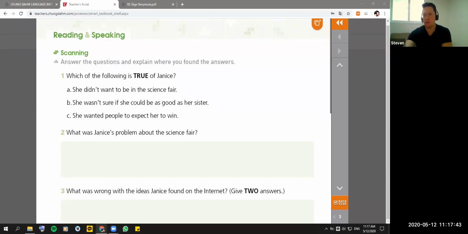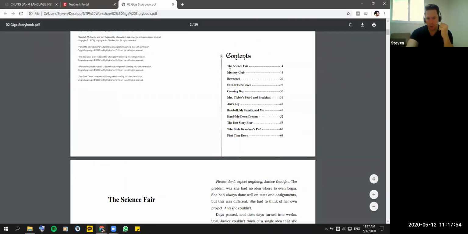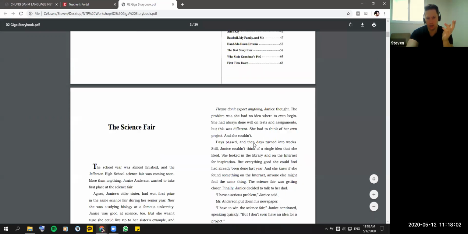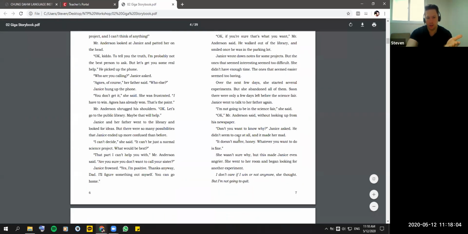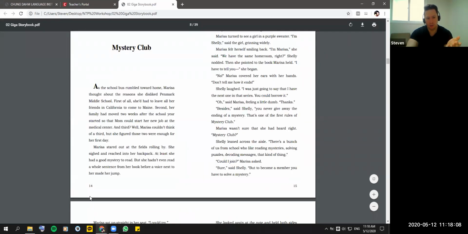Anybody else have any additional questions? Is it one story the whole term? In this book, you can see every week is a new story. Science Fair, Mystery Club, Bewitched, you'll cover a new one every term. So here is week 1, which ends on page 13, and then the next one, Mystery Club, starts on page 14.